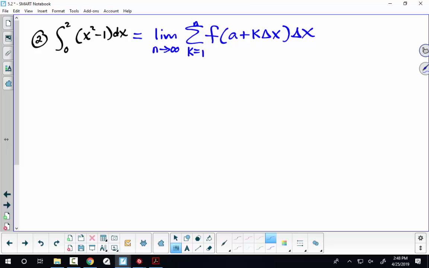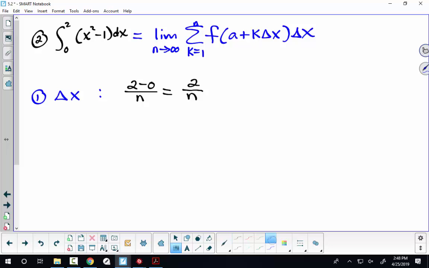So like we said, the first thing we're going to do is find delta x. Delta x is still the same. We have the same region from 0 to 2 with n subintervals. So delta x is b minus a over n, 2 minus 0 over n, still 2 over n. The thing that changed is the function, which is going to alter f of a plus k delta x.